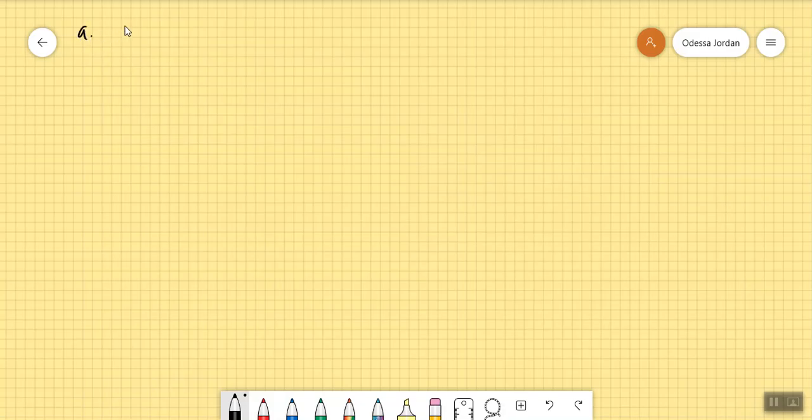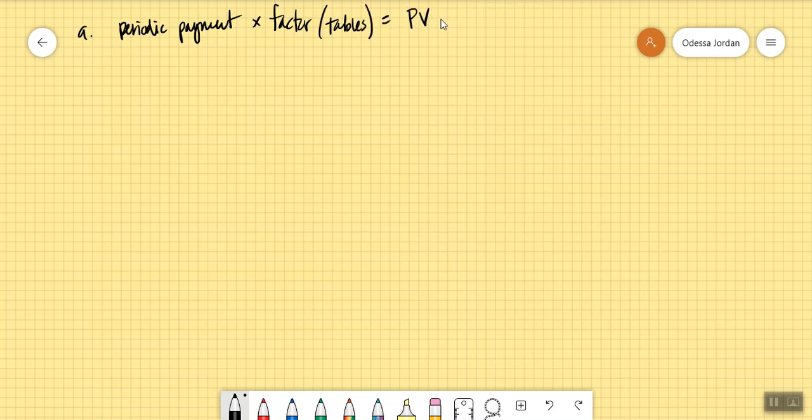So for A, we take the periodic payment times the factor, which comes from the tables, and that's going to give us our present value of the lease. So periodic payment is 48,000. So remember we have to pay that every month.